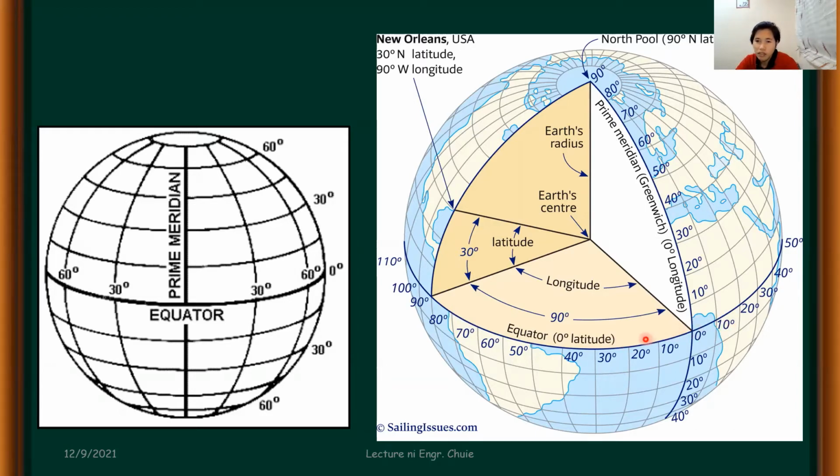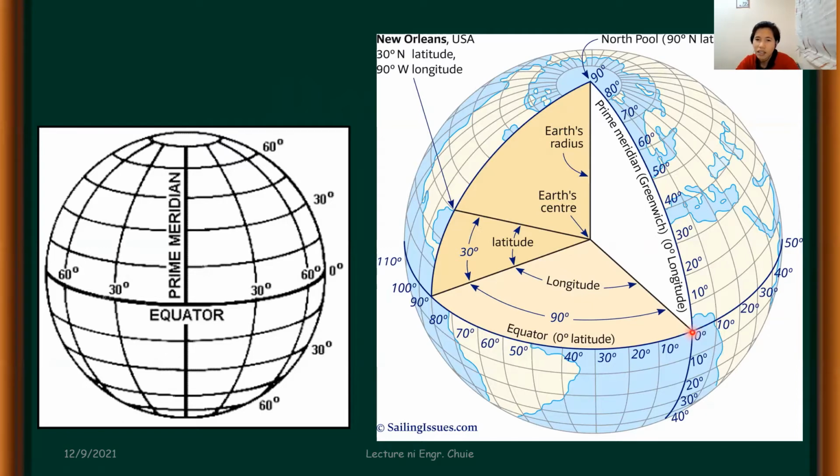However, if we measure the longitude, longitude naman is either pa-east or pa-west. Our longitude is 180 east and 180 west. So all in all, one revolution is equal to 360 degrees.